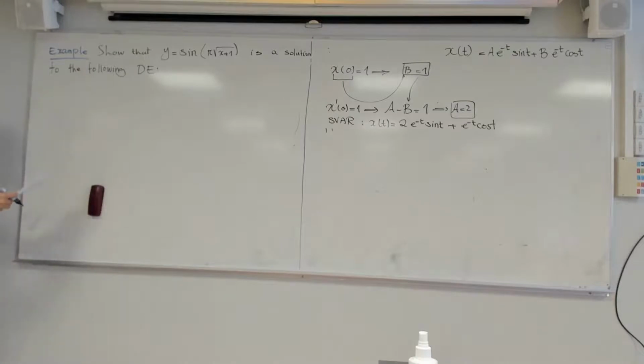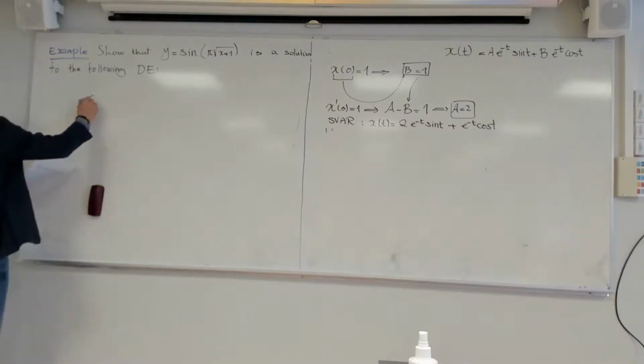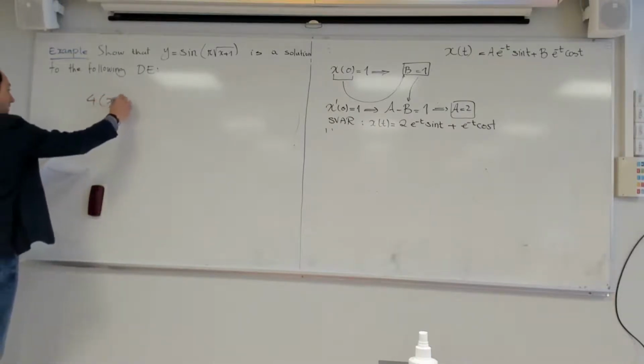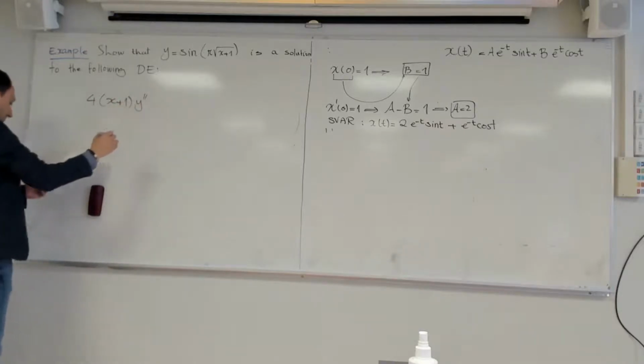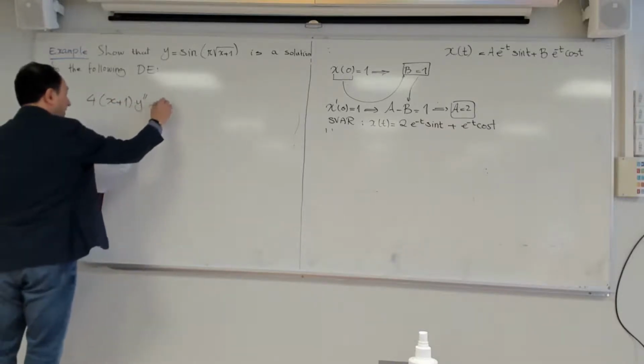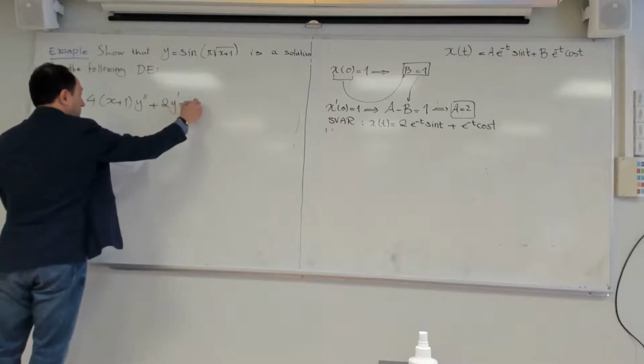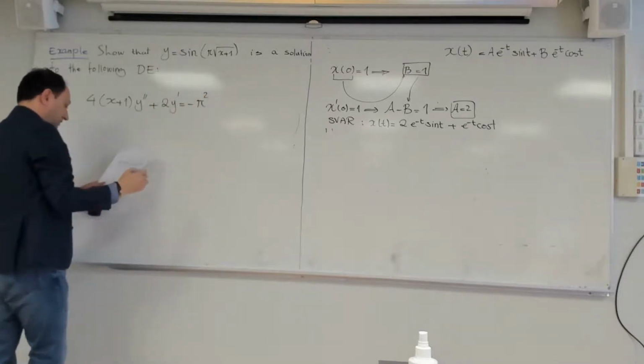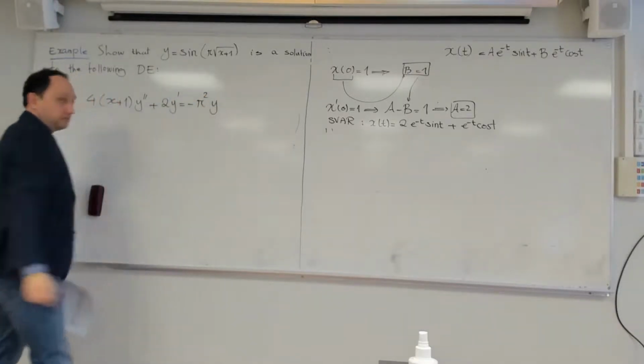The differential equation is a little bit, so (4x plus 1) y double prime plus 2y prime is equal to minus pi squared times y.